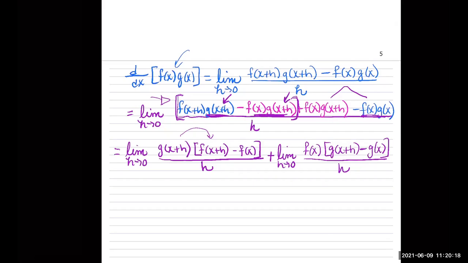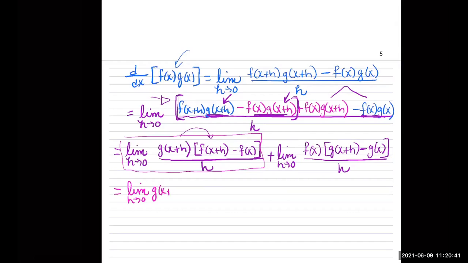Because we had another limit law back in section 2.3 that said the limit of a product is the product of the limits. That's not true for derivatives, but it is for limits, which means that I'm just looking at this first one that I have right here. Notice that's g of x plus h times that second one.